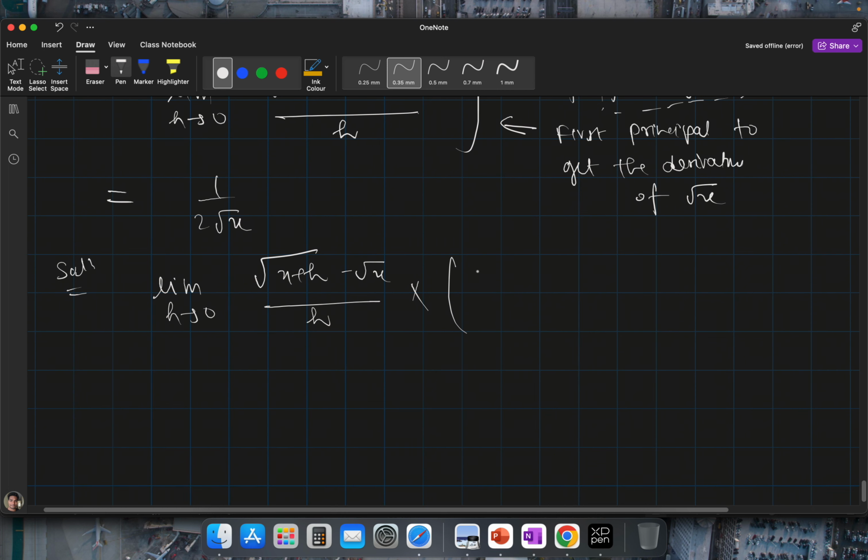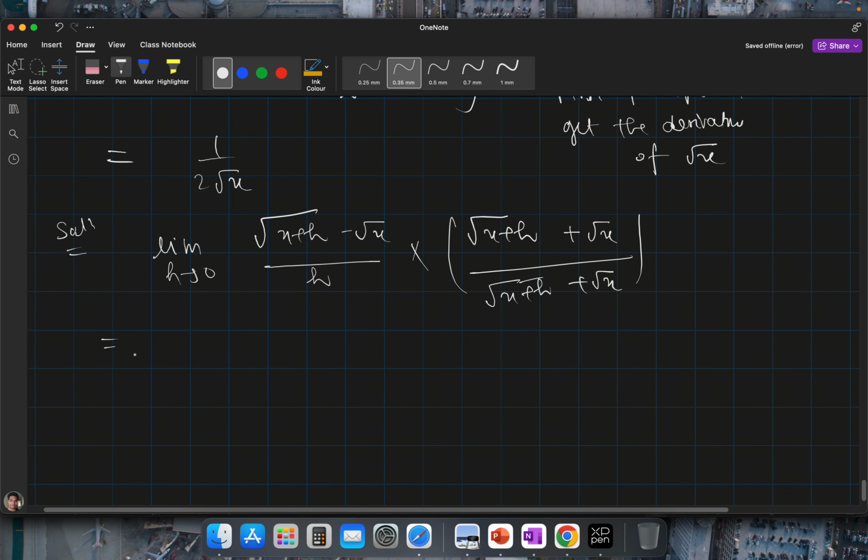If you multiply this by the conjugate of this, so this will be nothing but (a minus b) into (a plus b), so it will be a square minus b square. So that will be x plus h minus x, divided by h times (square root of x plus h plus square root of x).